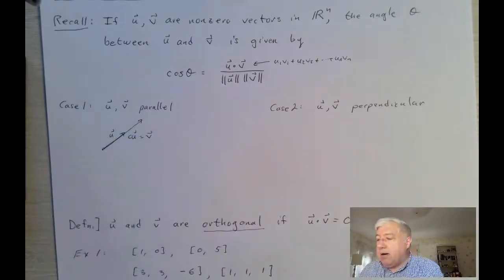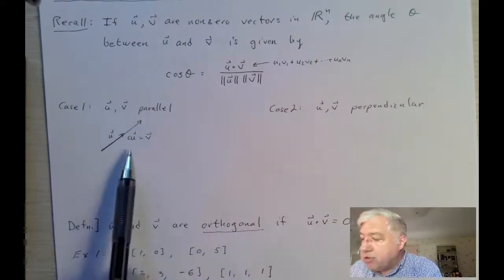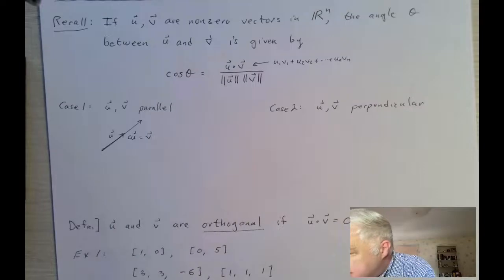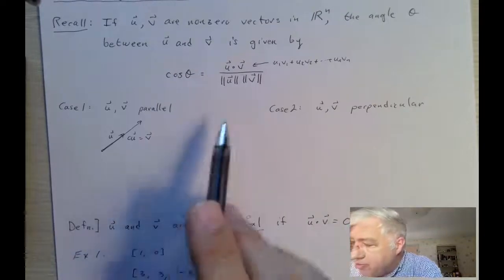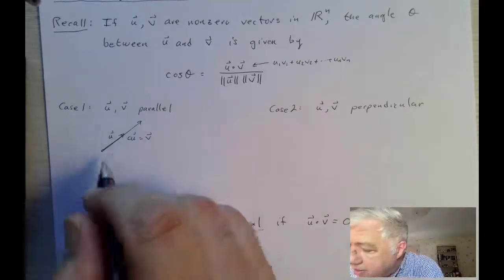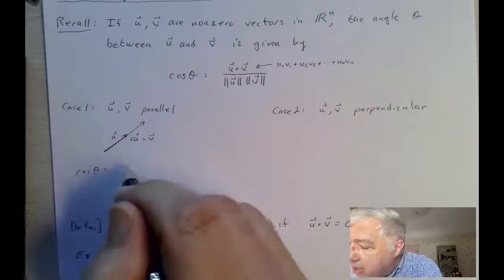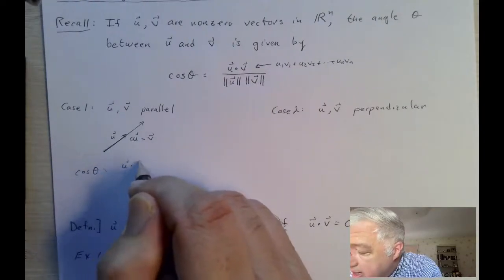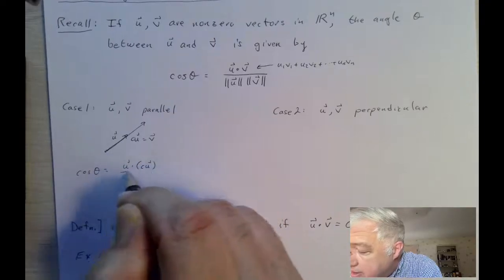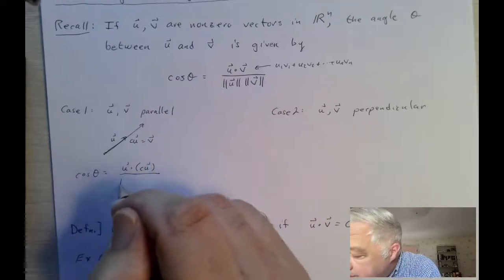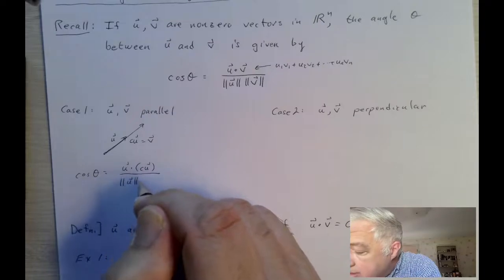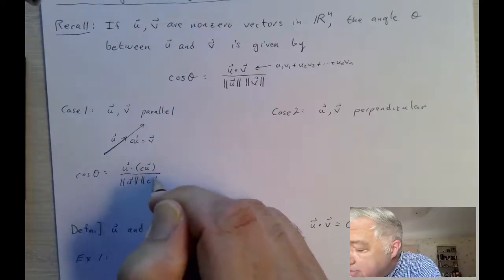What would the cosine be, according to this formula? The cosine of theta would be u dot cu divided by the length of u times the length of cu.